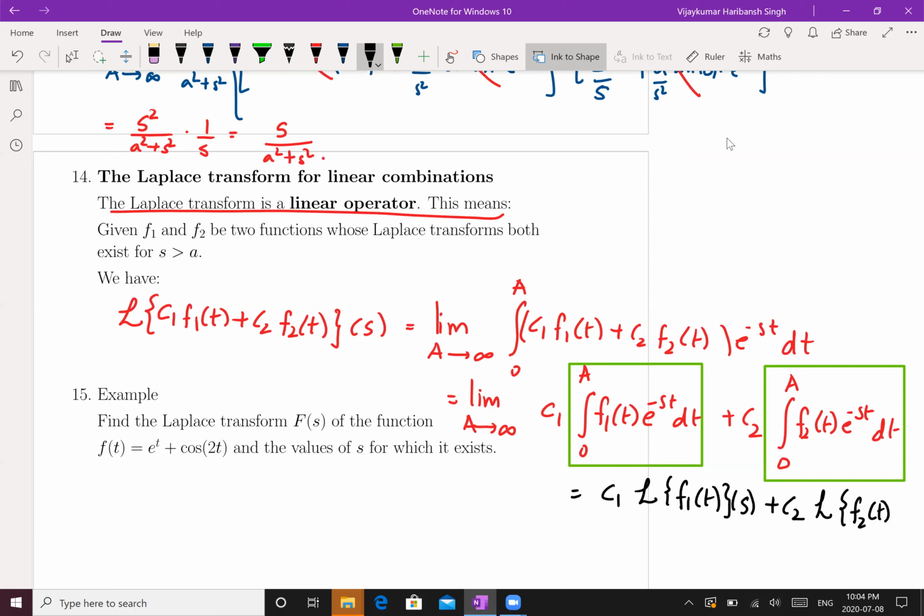This is valid for s greater than a. So the Laplace transform is linear indeed.